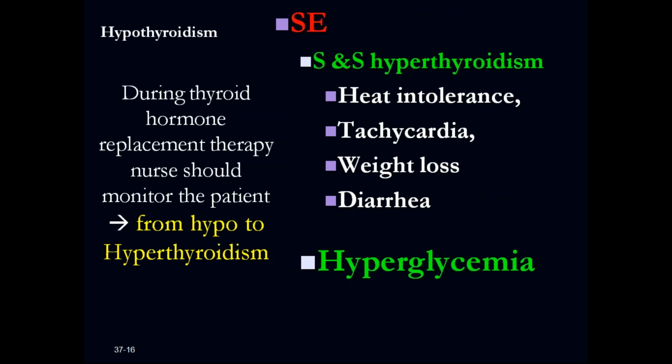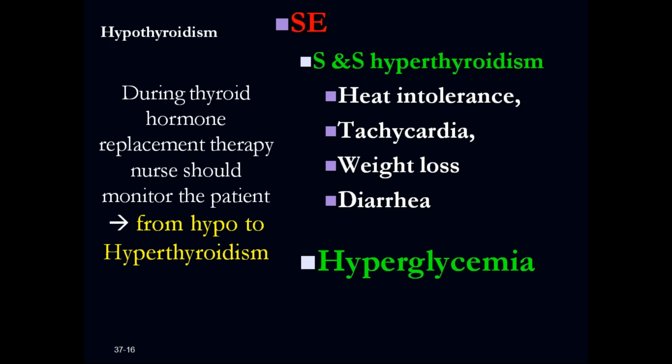Those are for hypothyroidism. Signs and symptoms of hyperthyroidism. So if you are hypothyroid you receive medication T3 and T4, but if you have too much T3 and T4, you pass to the other side, that is the hyperthyroidism. Heat intolerance, tachycardia.